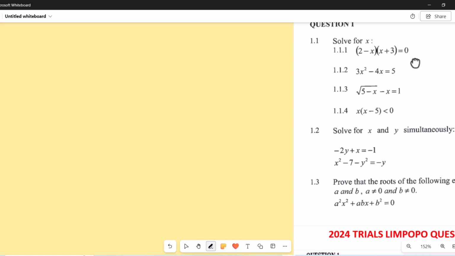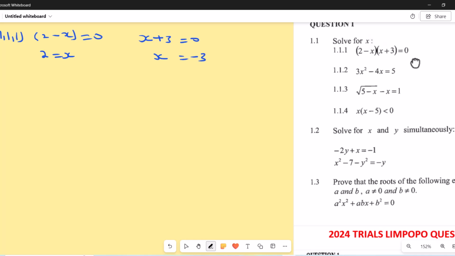So in this case, 1.1.1. Because we are equating to 0 here, it means either the first bracket, 2 minus x, equals 0, which gives us 2 equals x, or the other bracket, x plus 3 equals 0, which gives us x equals negative 3.